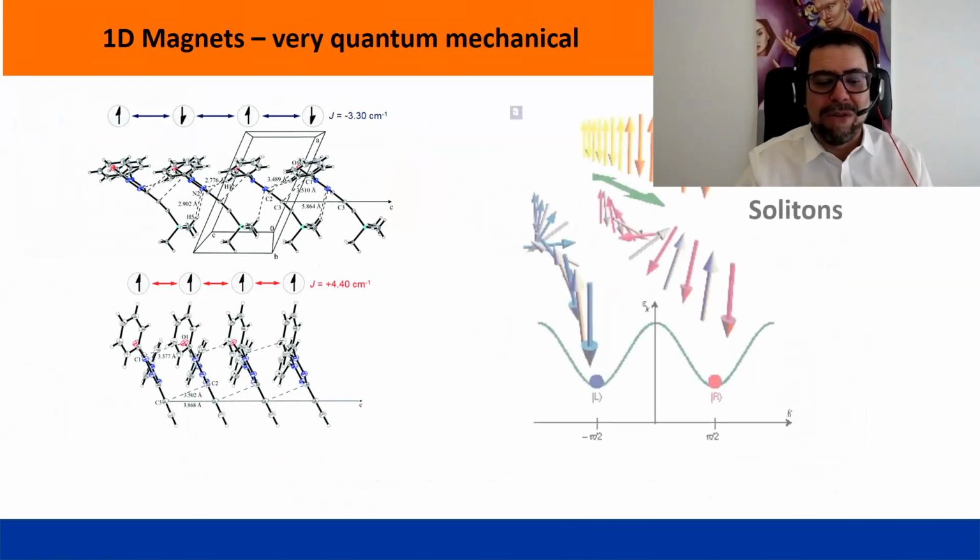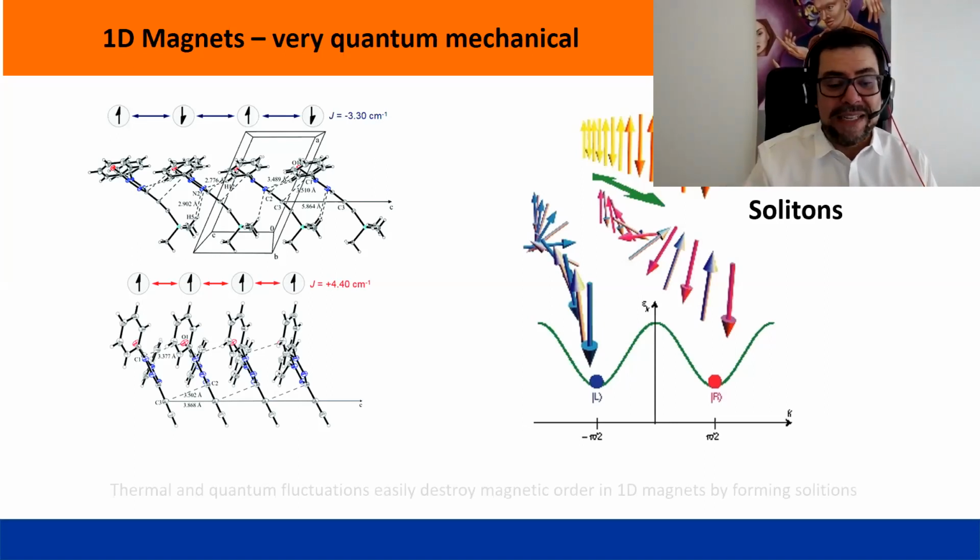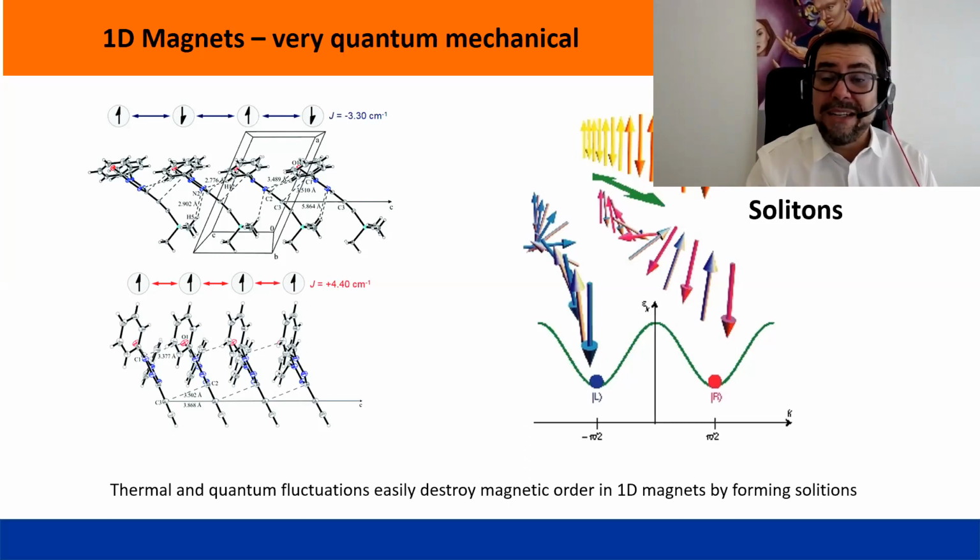But one thing about these systems is that they can be easily disordered. And you can disorder traditionally by increasing the temperature, or you can disorder by quantum fluctuations.